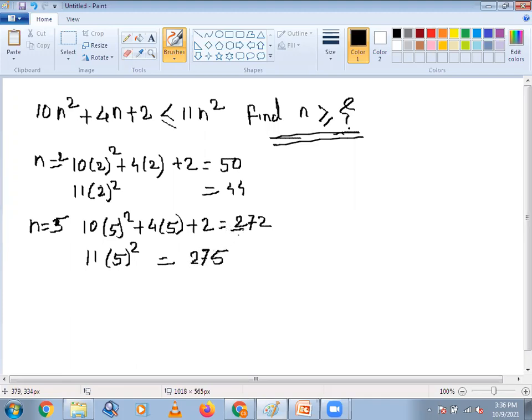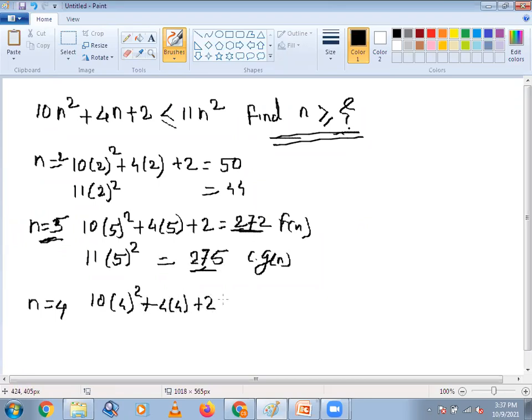Okay, see here 272 when n is equal to 5 and 275. Okay, this is for f of n, this is for c into g of n. So we'll check for n is equal to 4. So 10 into 4 square plus 4 into 4 plus 2, which is equal to 160, 176, 178.